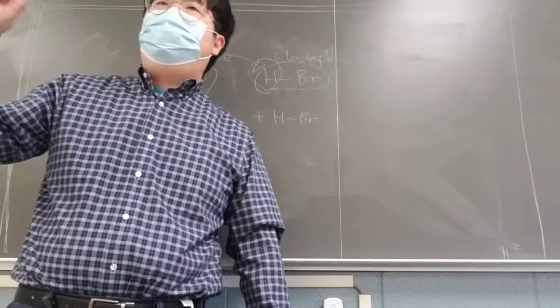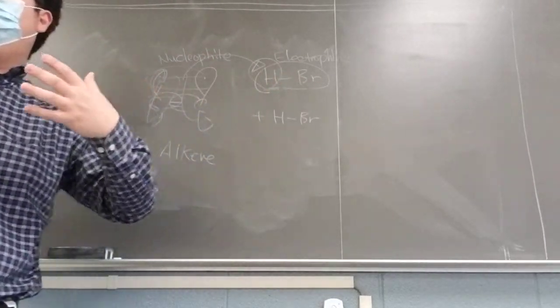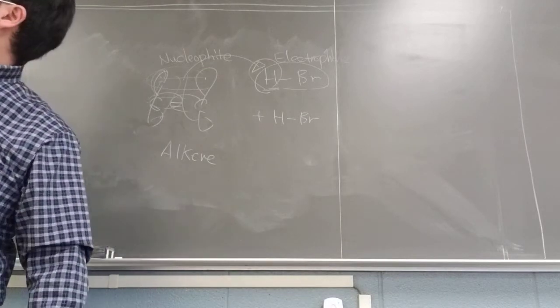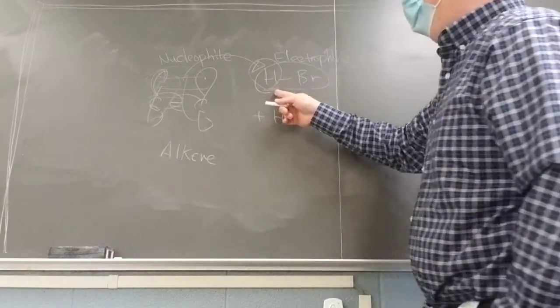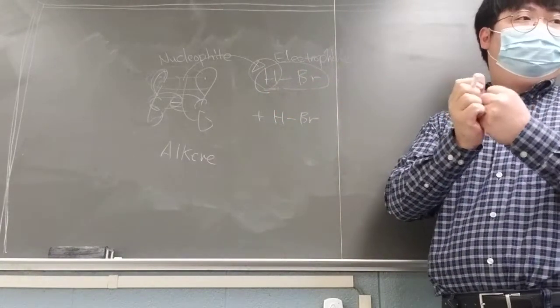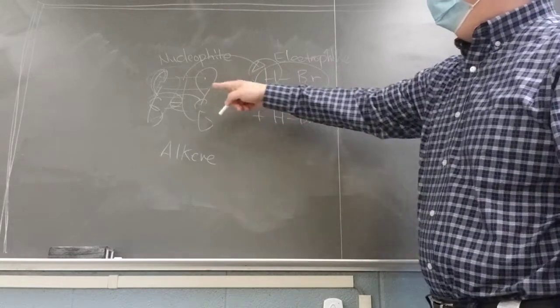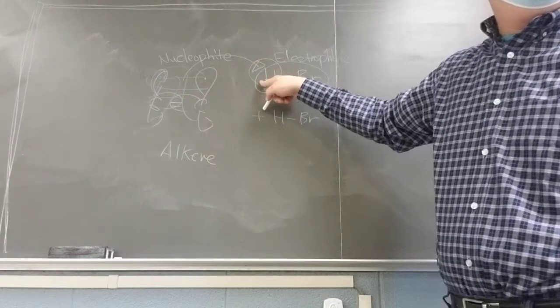If you look at the periodic table, bromine should be the one that takes the electron, because hydrogen is up there and bromine is somewhere on the right. But the hydrogen is also small. If you think about the bromine, it's really big, right? So the hydrogen is an easier target for the alkene to attack.